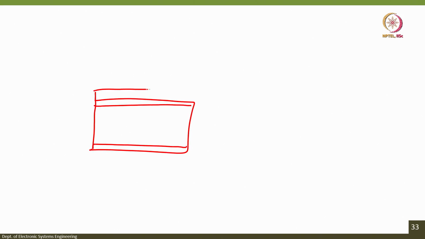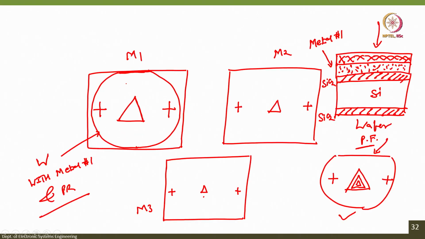What does that mean? Let me draw this: silicon wafer, oxide, and on the oxide there is a metal. Then we use that particular mask, this triangle mask, and we expose it.